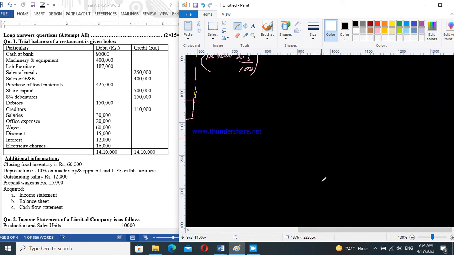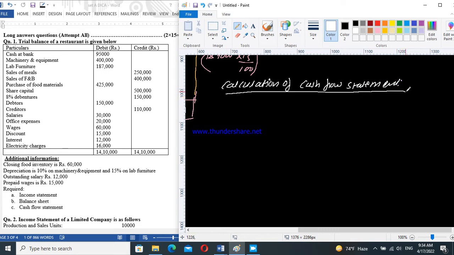Now I want to write the cash flow statement from this given information. Okay, calculation of cash flow statement.